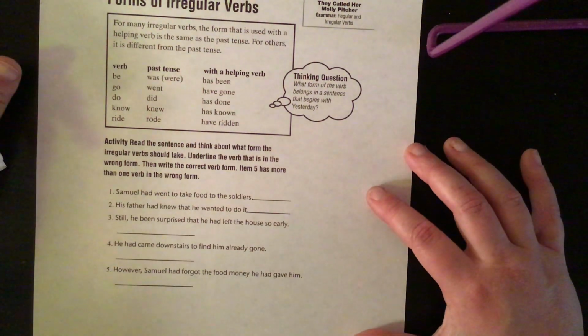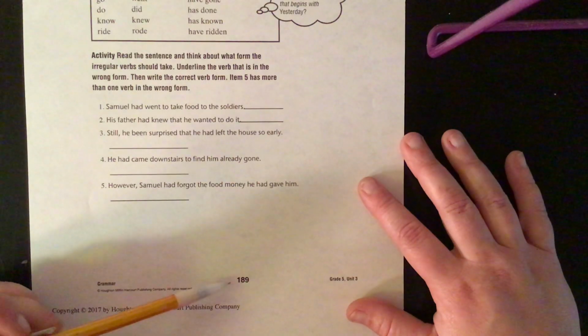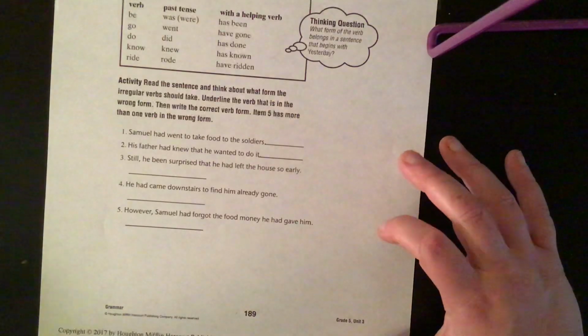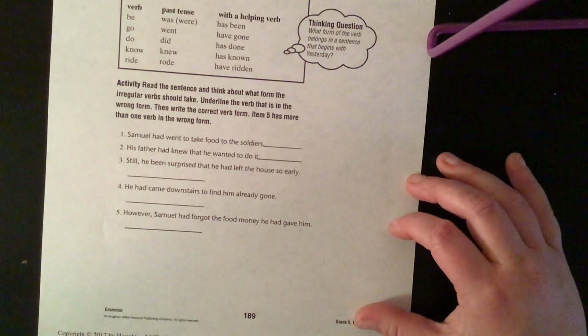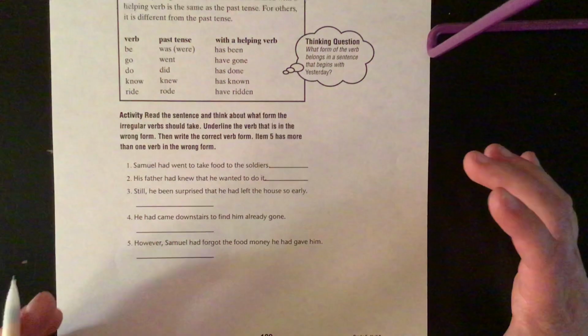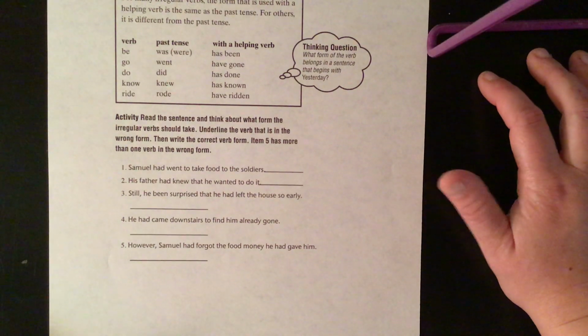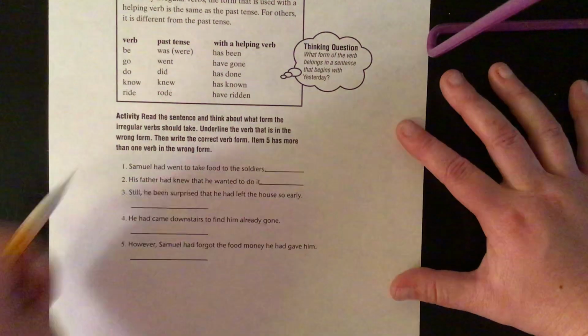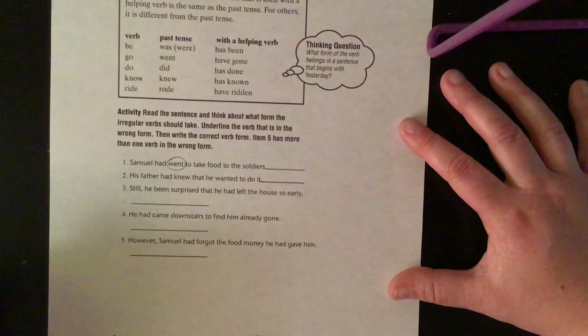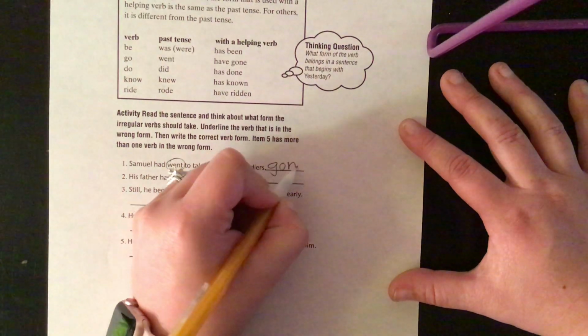On your assignment, page 189, you are doing basically the same thing. But this time, I want you to circle or underline the verb. So Samuel had went to take food to soldiers. Had went is not right. It has to be had gone.